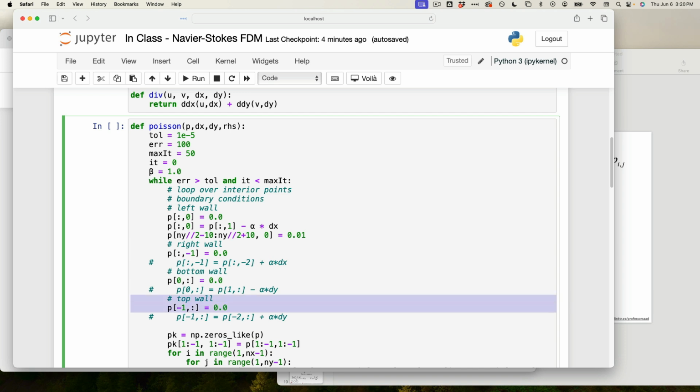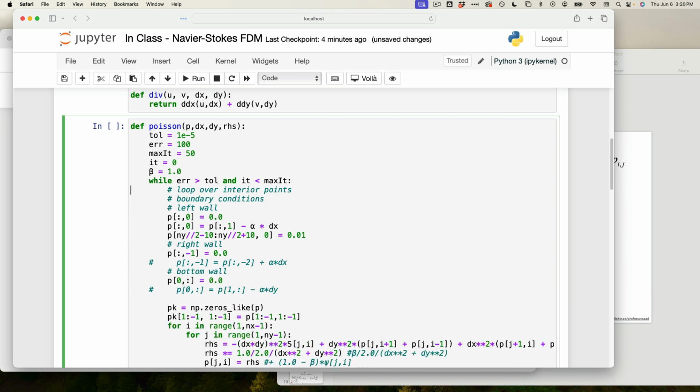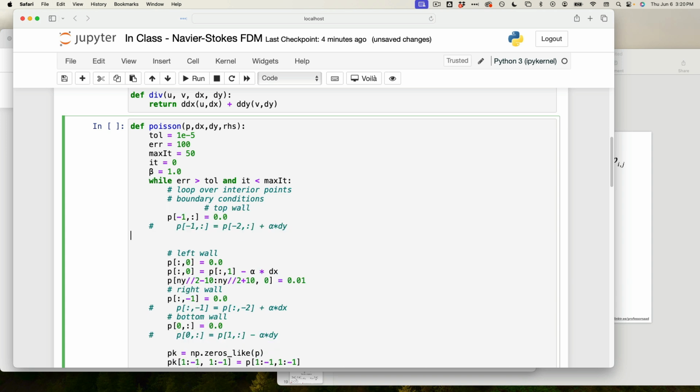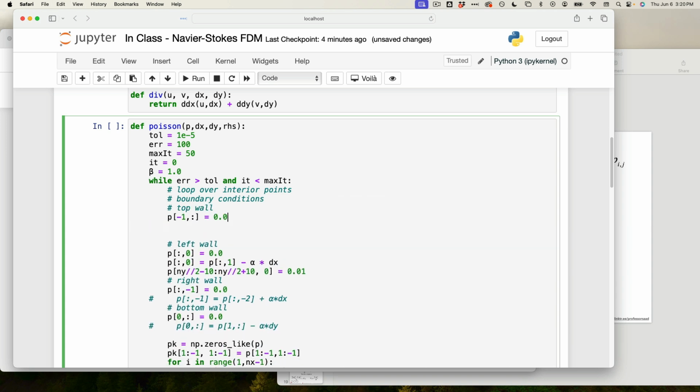So I'm going to start with the top wall. If you have the code, just copy it and try to work through it with me over here. So for the top wall, that's the last index in y. And that's going to be 0. We're going to fix that condition.